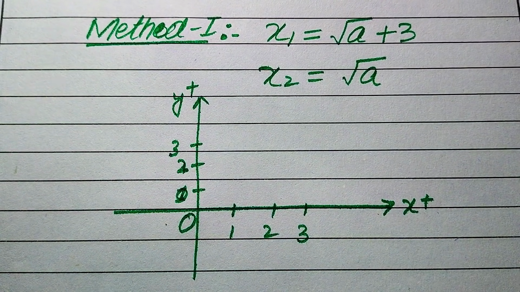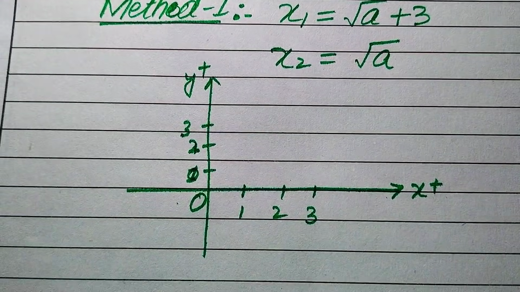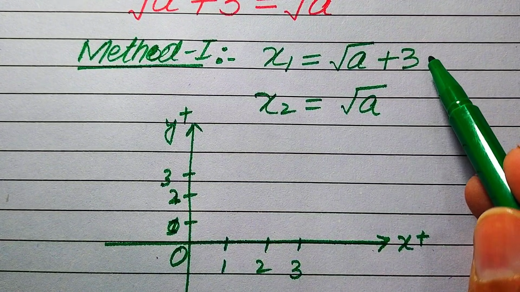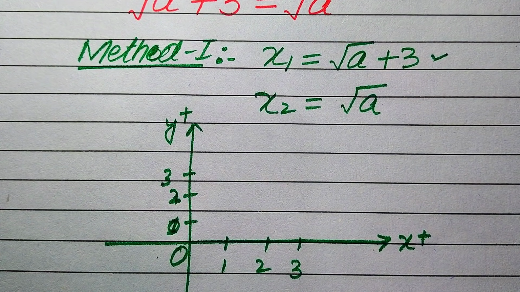Now when we make the graph of the above two functions, you see the graph of x1 always lies 3 units above the graph of x2.